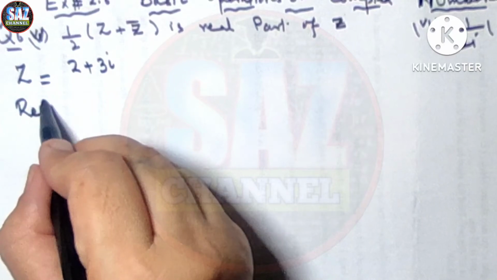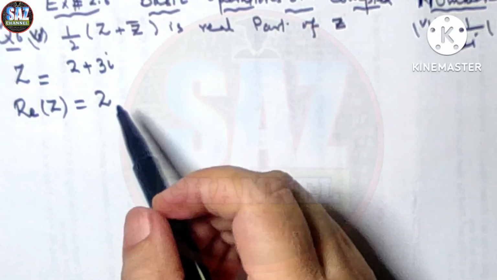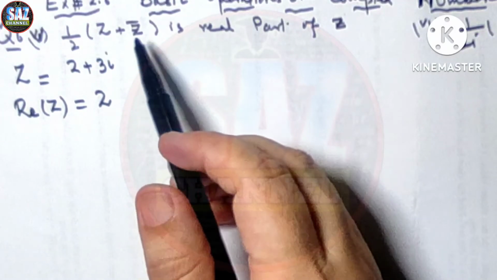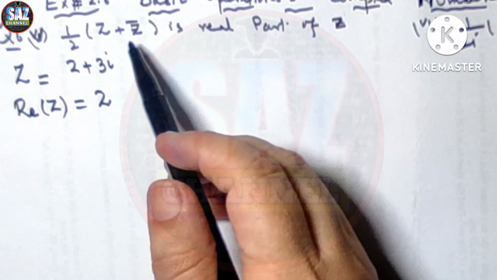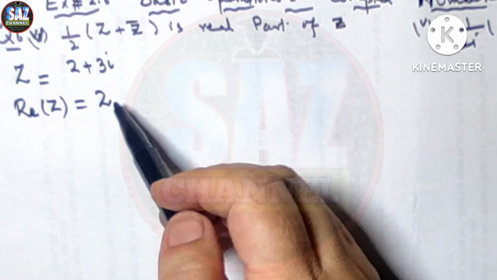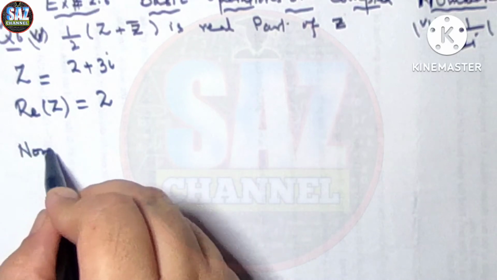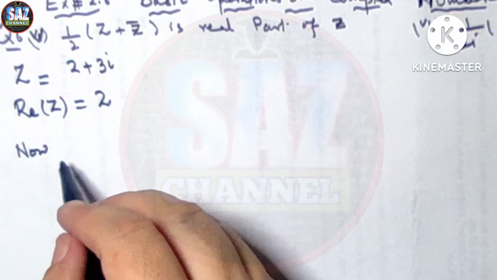So, what do we have to do? We have to bring the answer of half (z plus z bar) as 2, then our statement will be true. Now, in order to get half (z plus z bar), let me first find z bar, because z is 2 plus 3 iota.